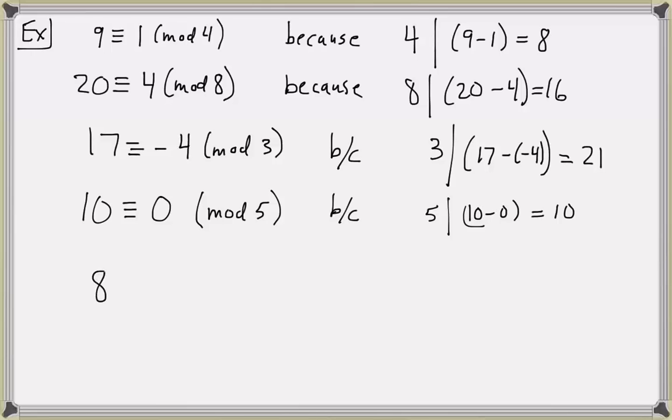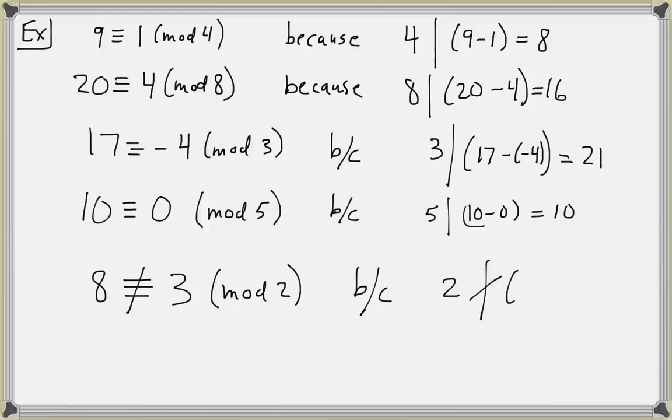So, for example, 8 is not congruent to 3 mod 2. That's how you would read this. 8 is a multiple of 2, so 8 would be congruent to 0 mod 2. And we see that by definition, 2 does not divide 8 minus 3, which is 5. So here are a few examples of congruences.